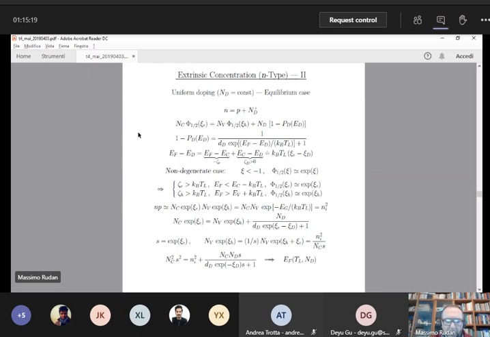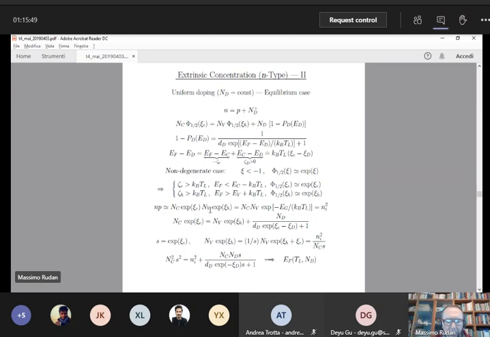And of course, this makes life much easier. Among the other things, we have that the product of the two equilibrium concentrations, so the equilibrium product of the concentrations, that in this case is np, because n and p are different, you remember.